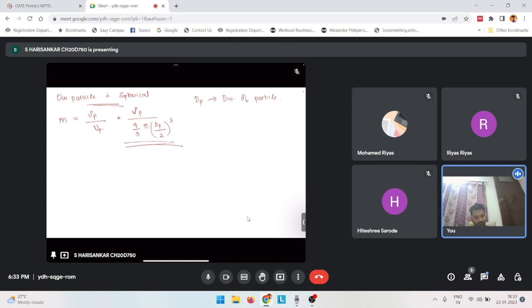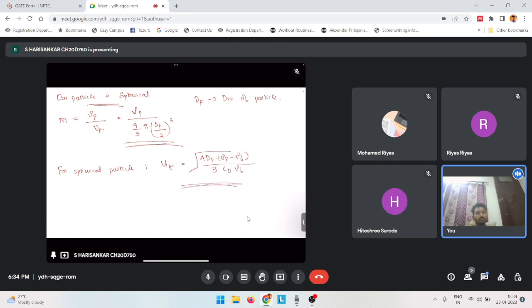general equation for spherical particle as ut is equal to root of 4 dp into rho p minus rho f by 3 cd rho f.